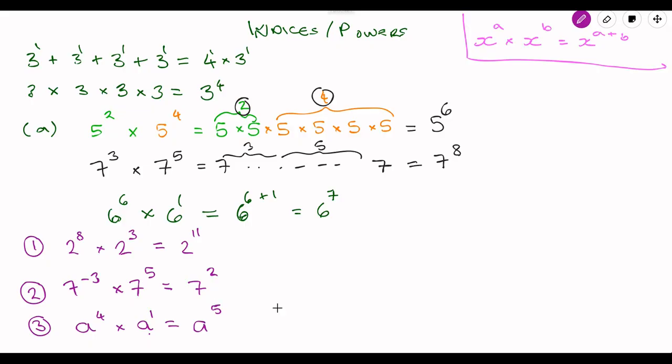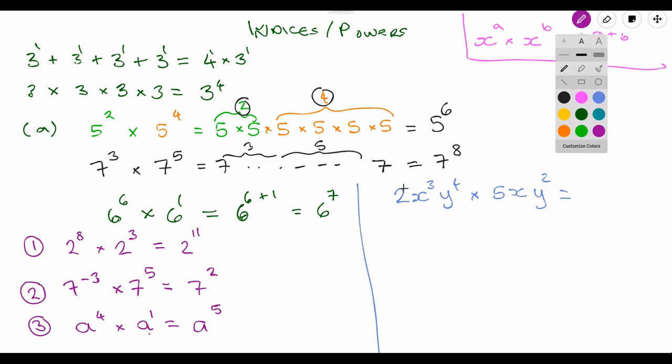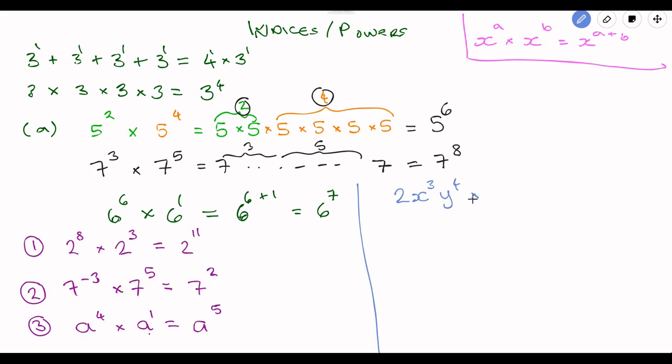Done. Okay. Now they might decide to throw you a slightly trickier question with a few more terms. So let me just split the page here and show you. So for example, they could have 2x cubed y to the 4 multiplied by 5x y squared, for instance.